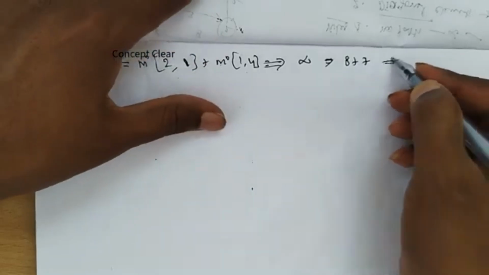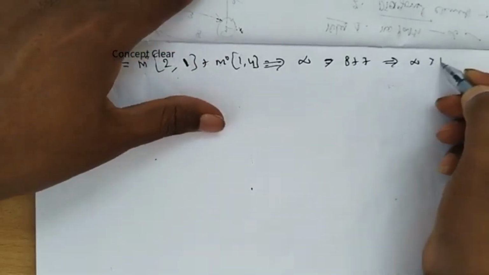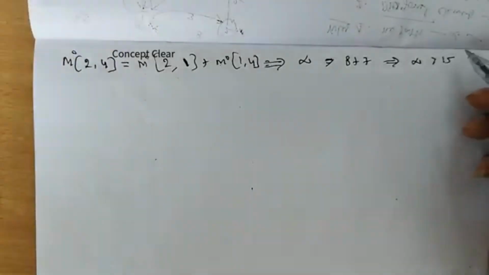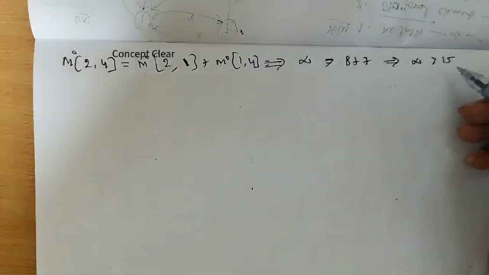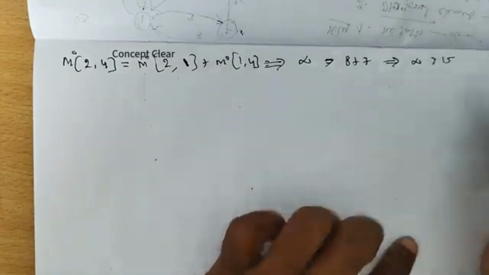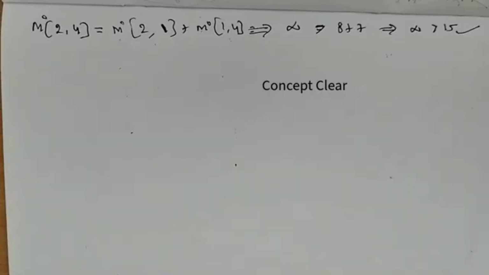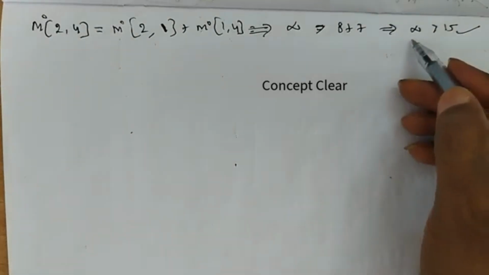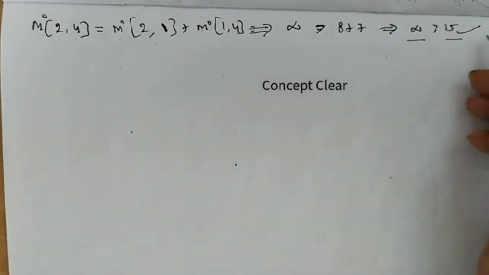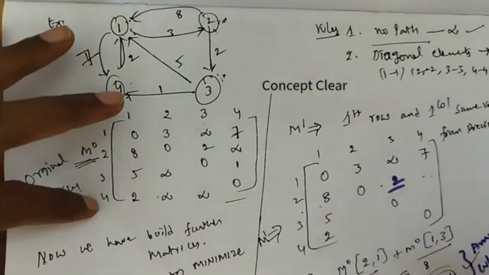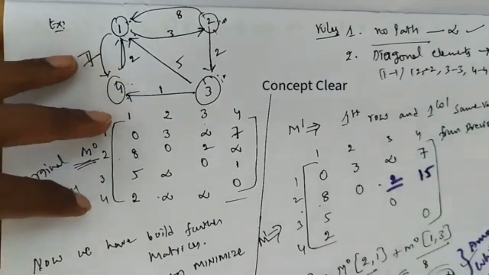So what is the value here? Infinity is greater than 15. Which one is the greater value? Here we don't know the infinity value, so we take the least value. Infinity is almost the maximum value, so by comparing infinity and 15, 15 is the least value, so we take 15.